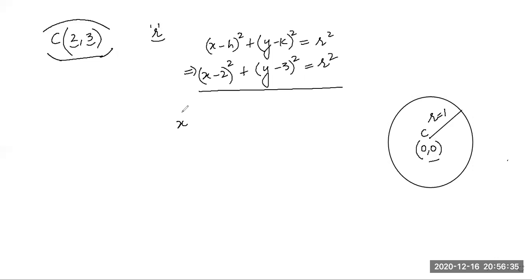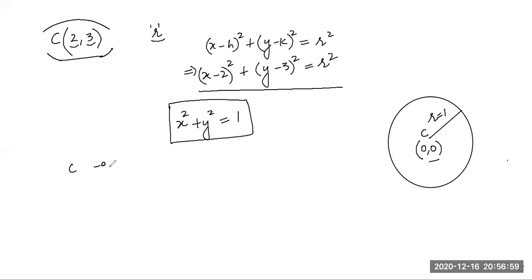So the equation would be x square plus y square is equal to r square. What is r? Come on, Ishma, what is r? 1. r is 1. So this will be the equation of the circle. Beautiful. That's great.